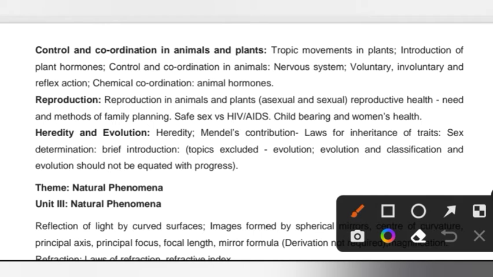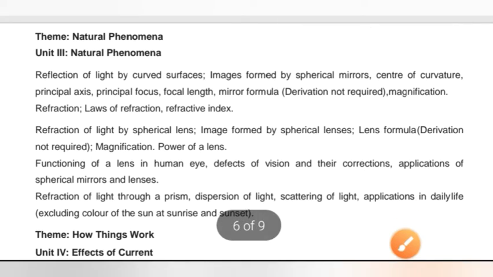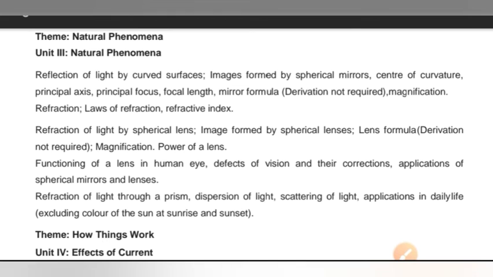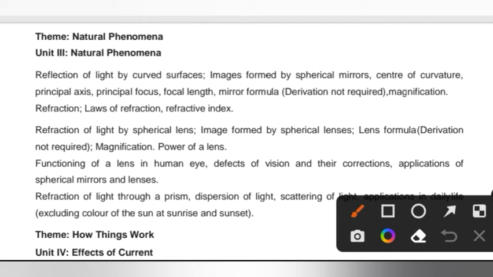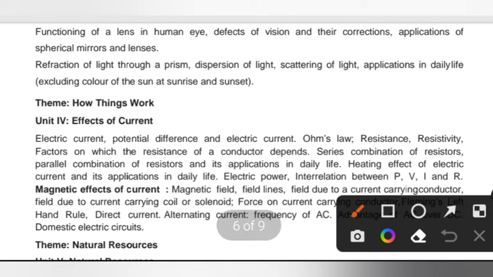and heredity and evolution. And in Natural Phenomena, reflection of light, this is in physics: reflection of light, laws of reflection, refraction, refractive index. And in How Things Work, effects of current, the magnetic effect of current, magnetic field, field lines due to electric current.